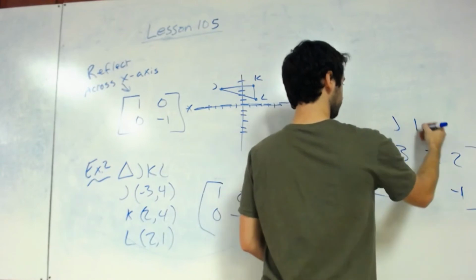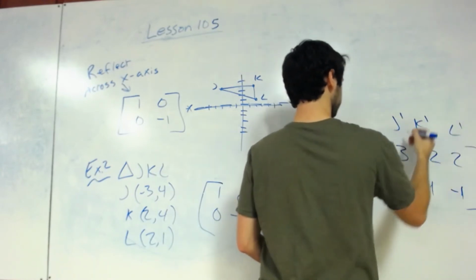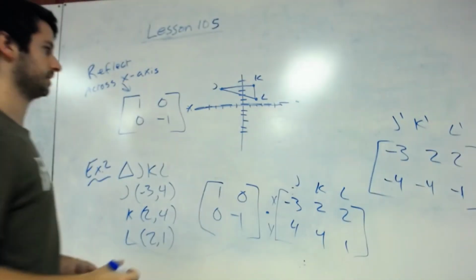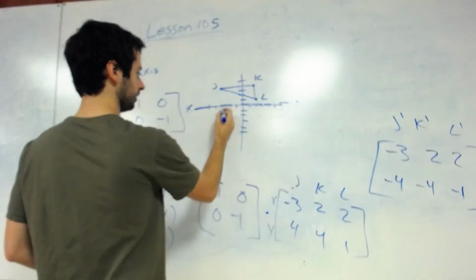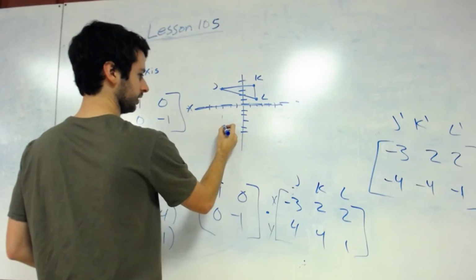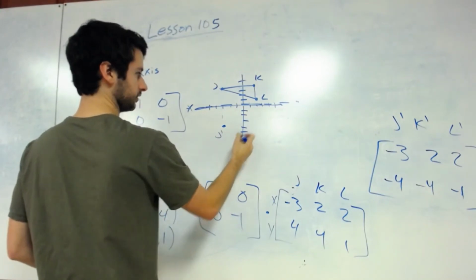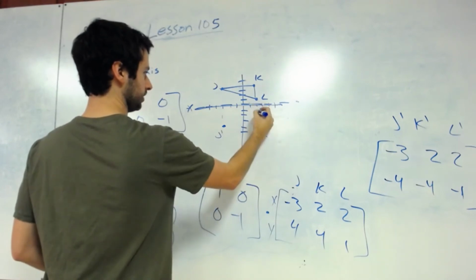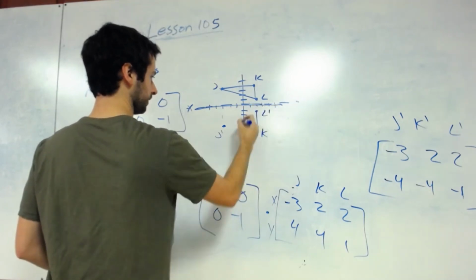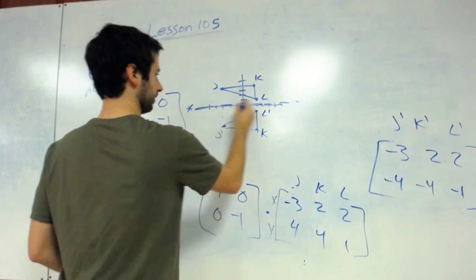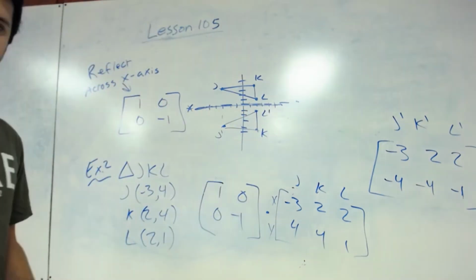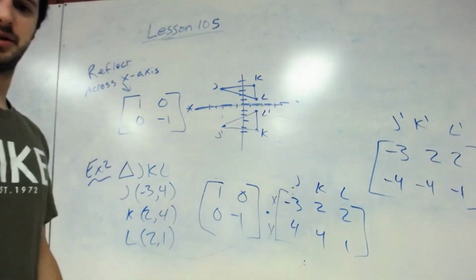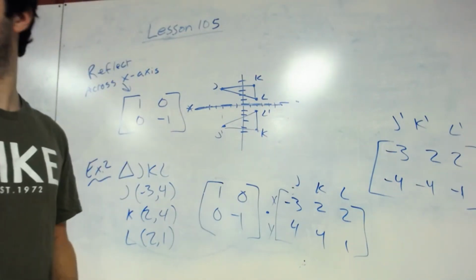So my new coordinates for the image are -3, -4, 2, -4, and 2, -1. And you can see that clearly reflects across the x-axis. So you're just plugging in these formulas, multiplying by the matrix, and solving. And that's how you do lesson 105.